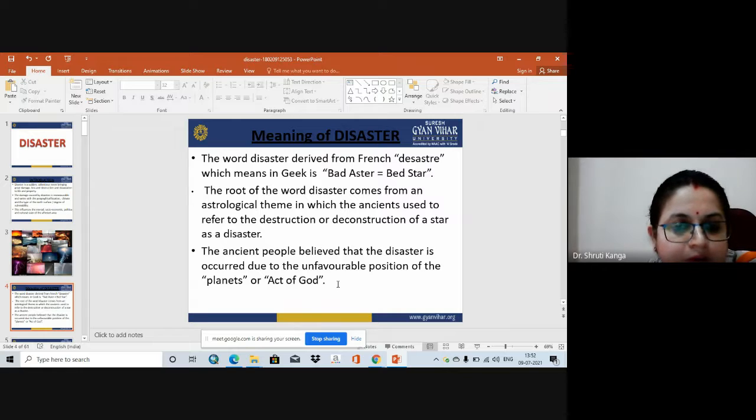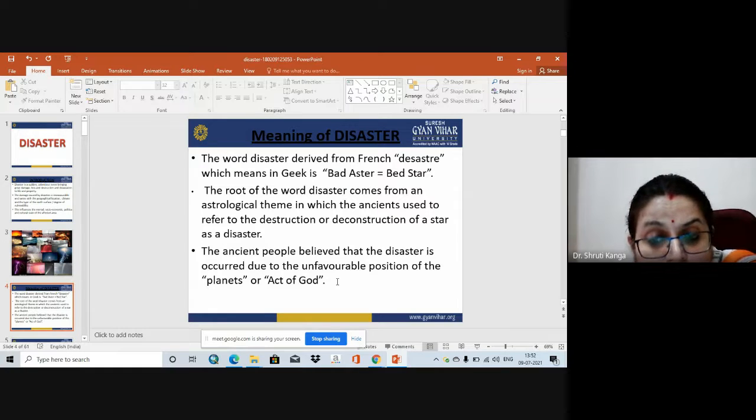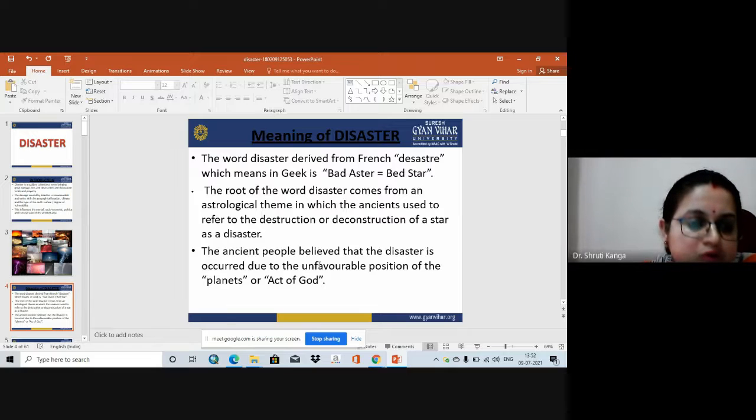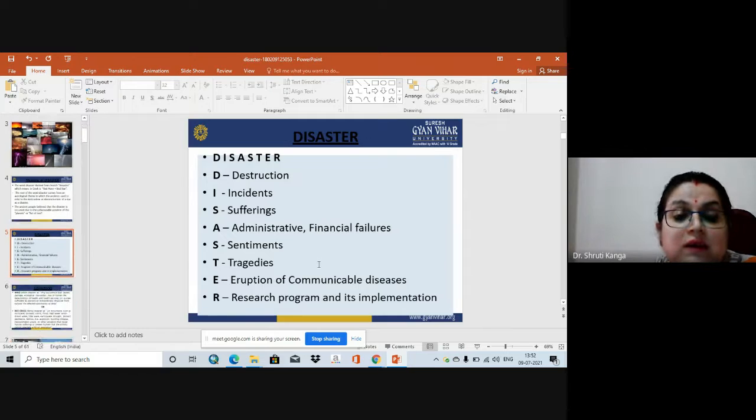So ancient people, based on what your horoscope or the lines of your hand are showing, said that because of these unfavorable positions of your stars or planets or act of God, some place or some people may face some kind of disaster. Clear? So this is the literal meaning.